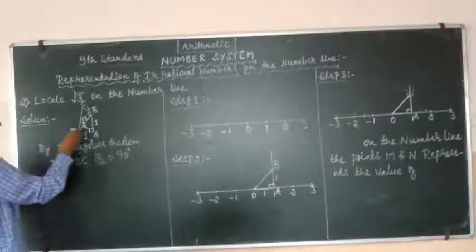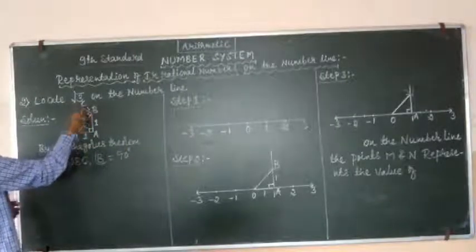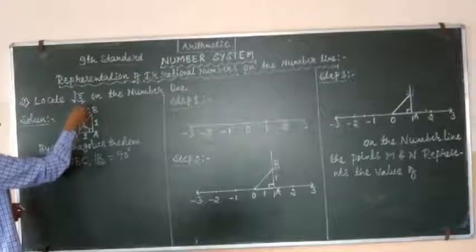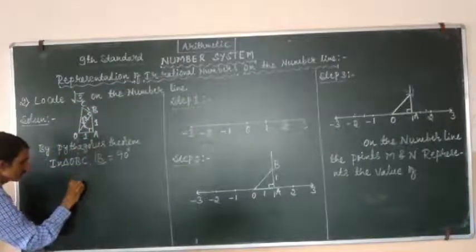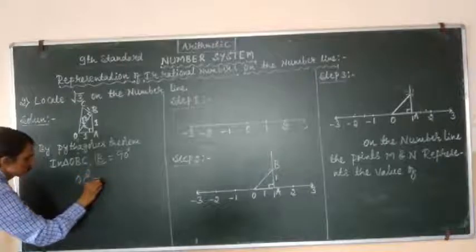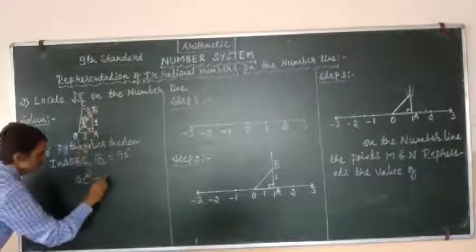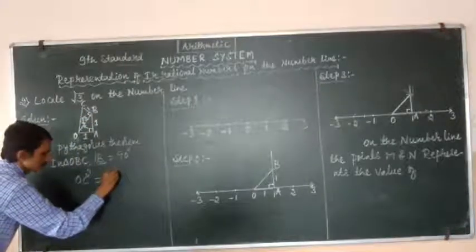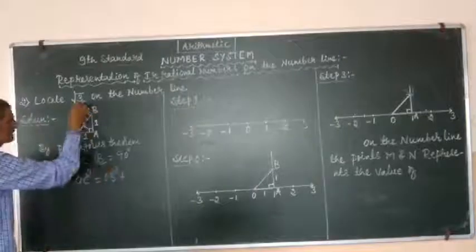By Pythagoras theorem, the side opposite to the right angle, that means OC square, equals OB square plus BC square.